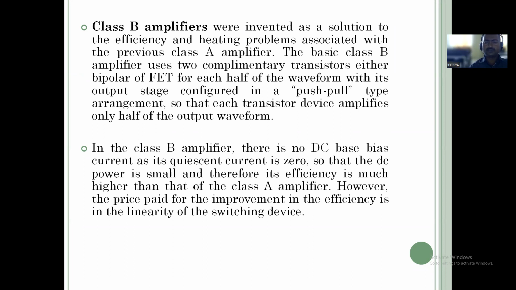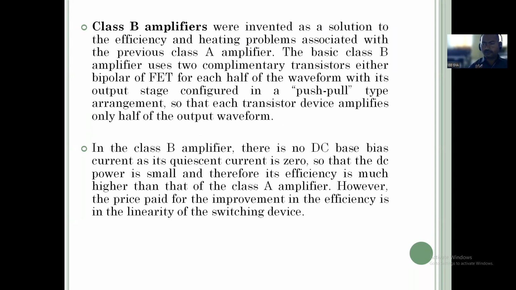Here zero DC signal is applied, so the DC power drawn by the transistor is small. A small DC power indicates that larger and larger AC signals can be amplified. So there is AC signal amplification, no DC signal amplification, so no noise is added and efficiency is more, right?